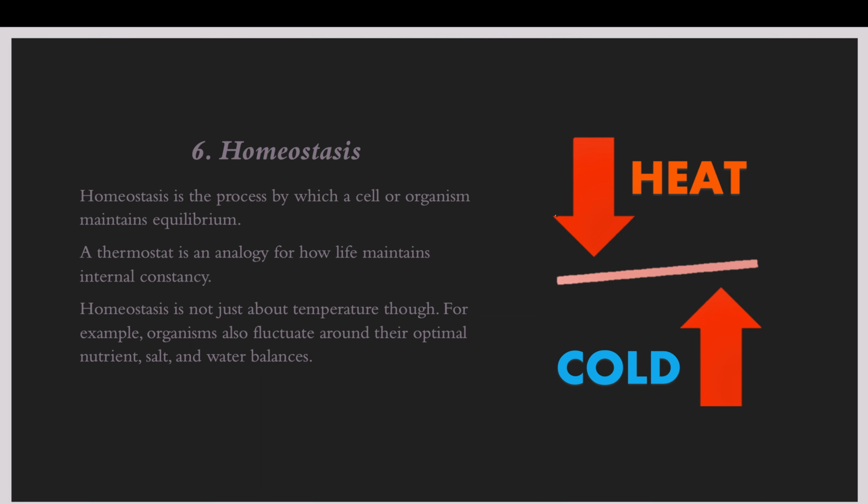Homeostasis is not just about temperature, though. For example, organisms also fluctuate around their optimal nutrient, salt, and water balances. So homeostasis doesn't just mean that they're staying in a comfortable temperature range. Homeostasis means that living things have to be able to fluctuate with their environment. They have to have the correct nutrient intake, the correct salt intake and water balances to maintain that survival.